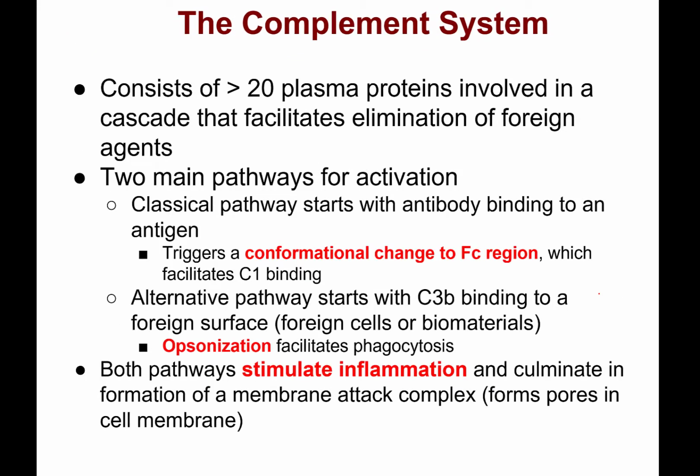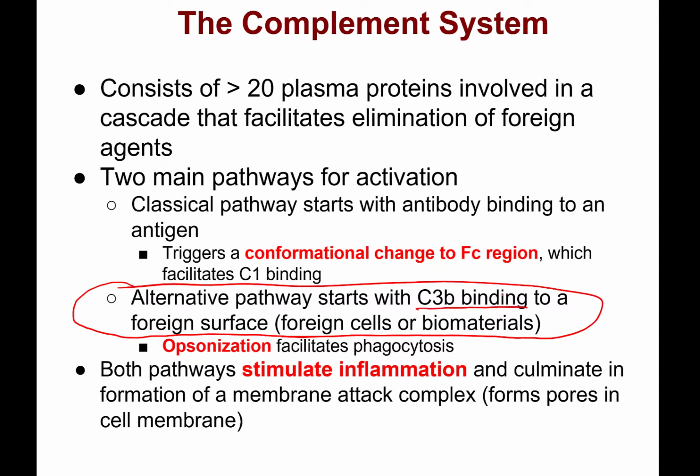When we learned about the innate immune system, we talked about complement, but just as a refresher, the complement system consists of a lot of plasma proteins that participate in this cascade of reactions to eliminate foreign invaders. And what we're concerned with here is this alternative pathway, which is initiated by this C3b adsorption to the surface.